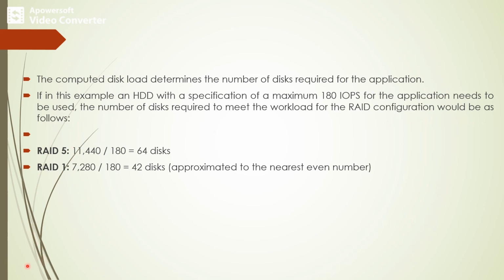They have mentioned the maximum number of IOPS, that is 180 IOPS. Now I have to compute the number of disks required with respect to RAID 5 as well as RAID 1. For RAID 5, we already computed the total number of IOPS.